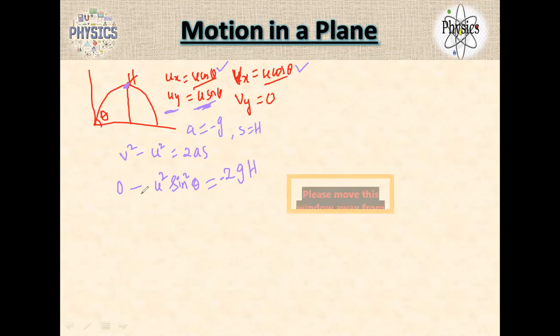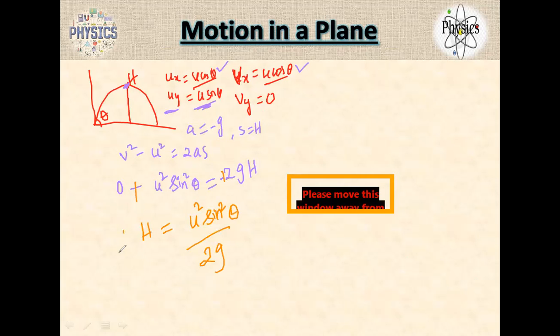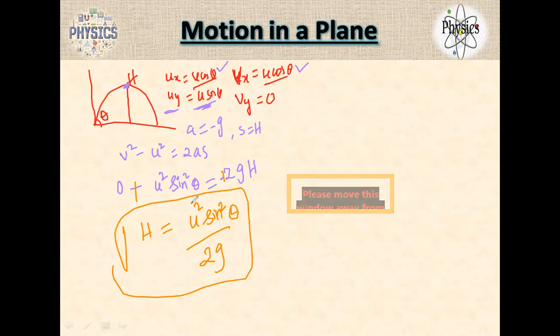What is the H value? H is equal to u square sin square theta by 2g. This is the maximum height equation.